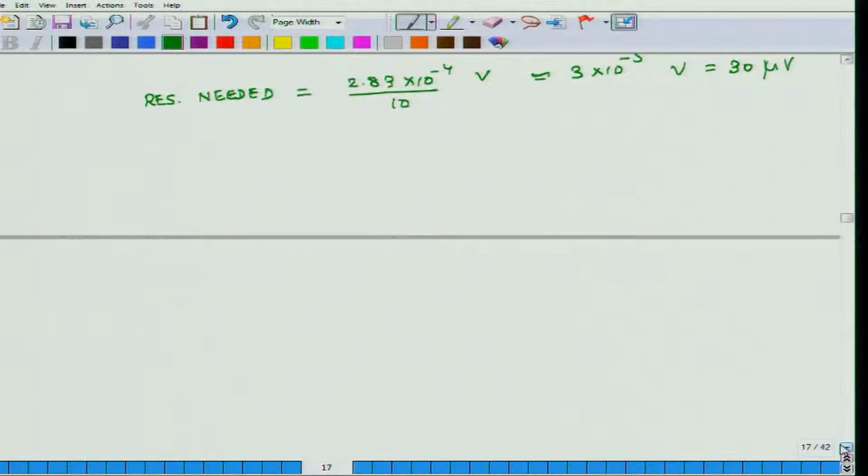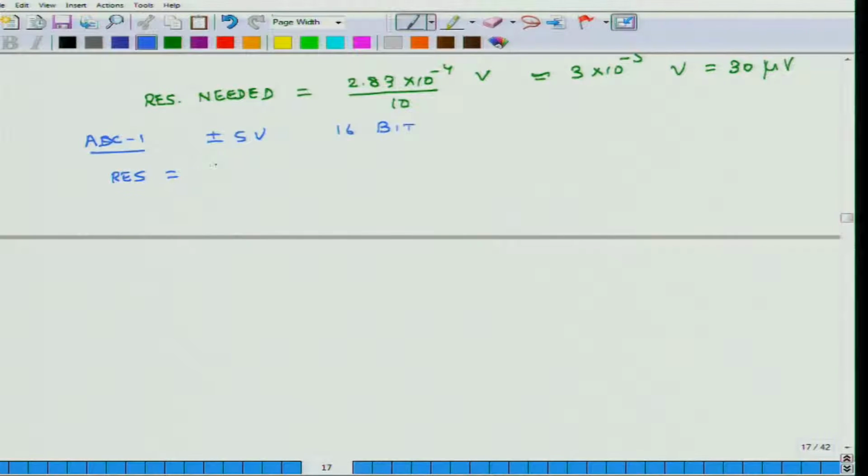Okay. Now let us say that we have two A to D converters. First, ADC 1, its range is plus minus 5 volts and it's a 16-bit device. Then what will its resolution be?